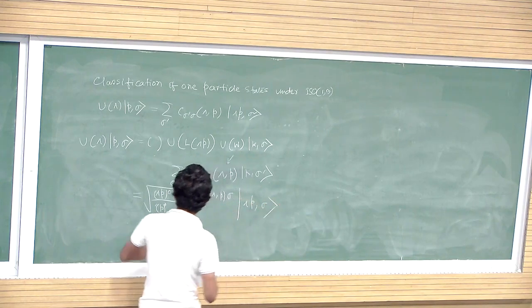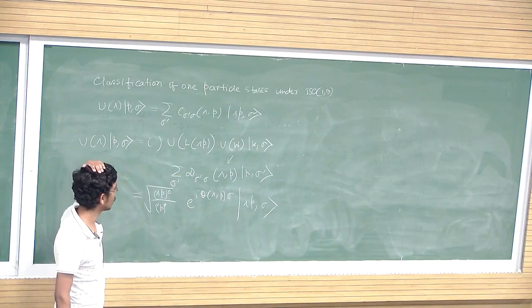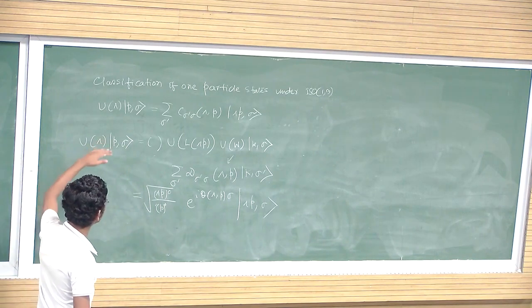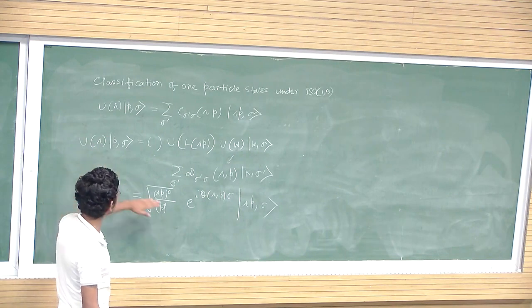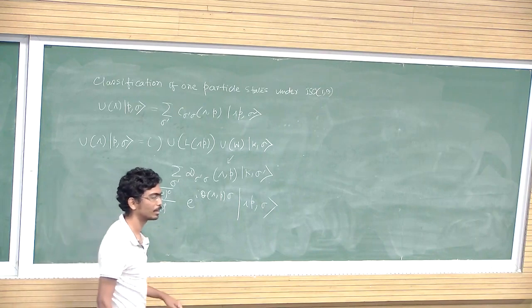So this should be C sigma prime sigma. This means that under Lorentz transformation the sigma doesn't change, but any kind of Lorentz transformation? For the massless particles, yes, this is the Lorentz transformation for the massless particles. Helicity should not change.